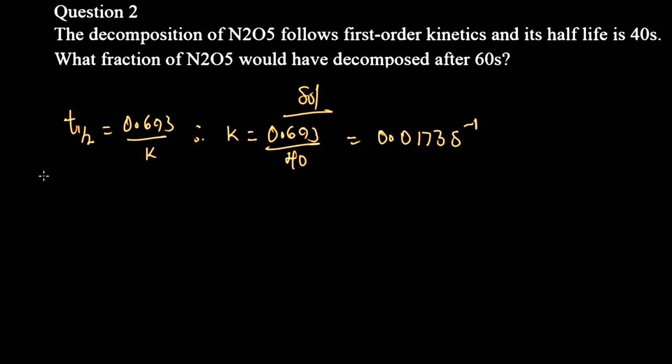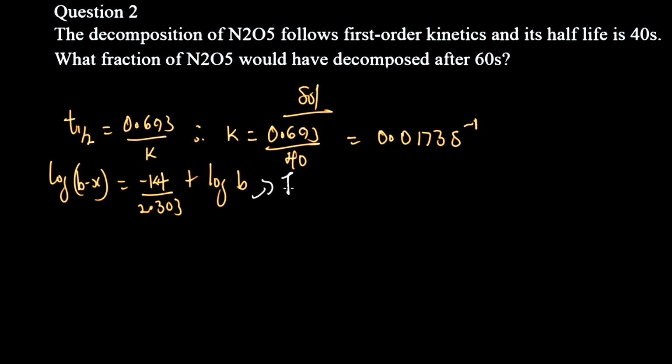The equation for first order kinetics is log B minus X equals minus KT over 2.303 plus log B. So this is the initial concentration, and this is the final concentration.